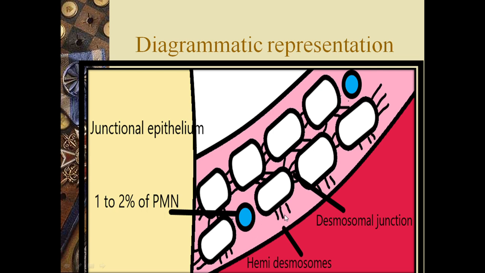And the cells have hemidesmosomal contacts near the underlying connective tissue side, as well as hemidesmosomal junction near the surface of cementum or near the surface of tooth. But they are connected to one another by desmosomal junctions. And in healthy condition, always 1 to 2% of neutrophils are in the epithelium.